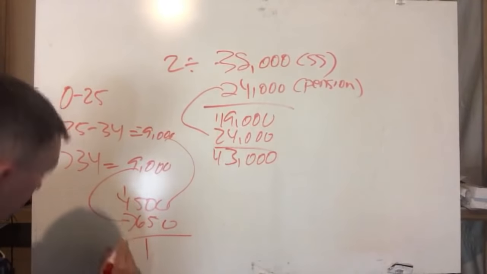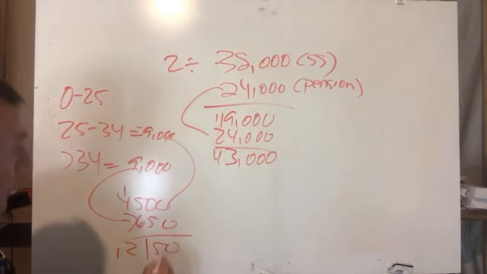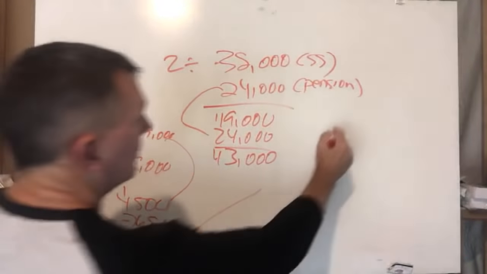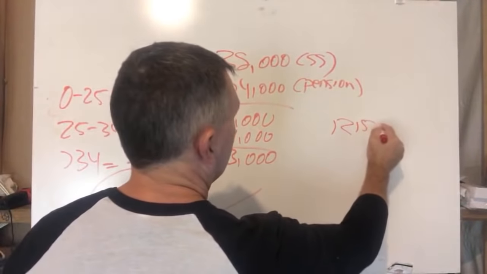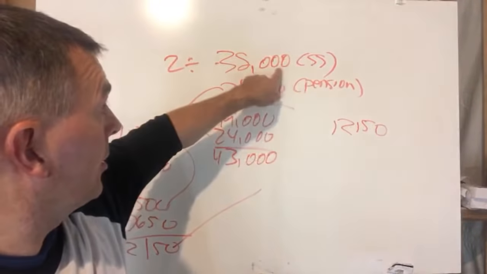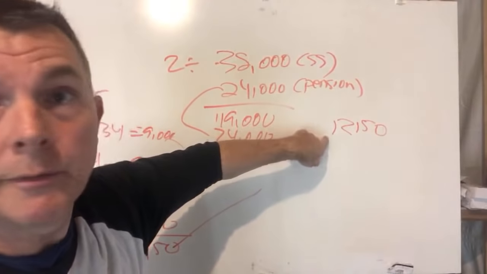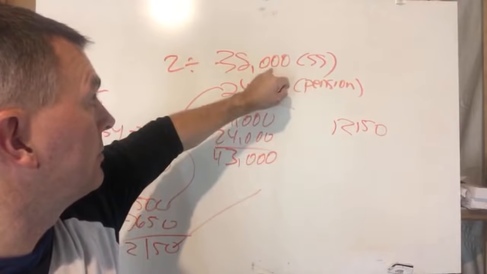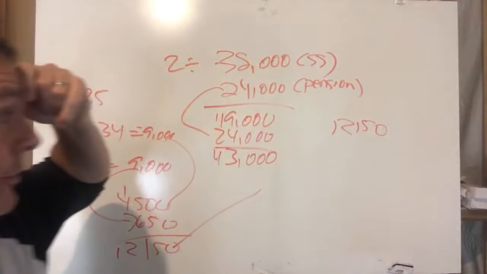We got 12,150. So you're going to pay only roughly a third of your Social Security subject to taxation here. 12,150 of your Social Security is subject to taxation.